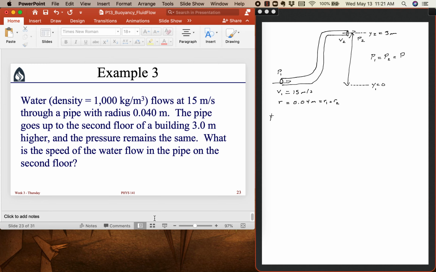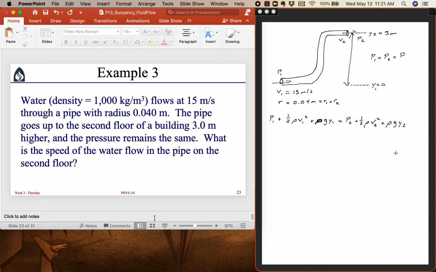So Bernoulli's equation says that P1 plus 1/2 rho V1 squared plus rho G Y1 is equal to P2 plus 1/2 rho V2 squared plus rho G Y2.